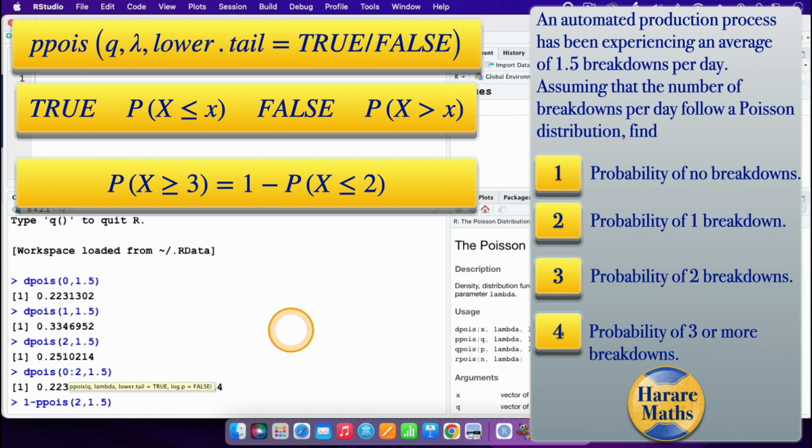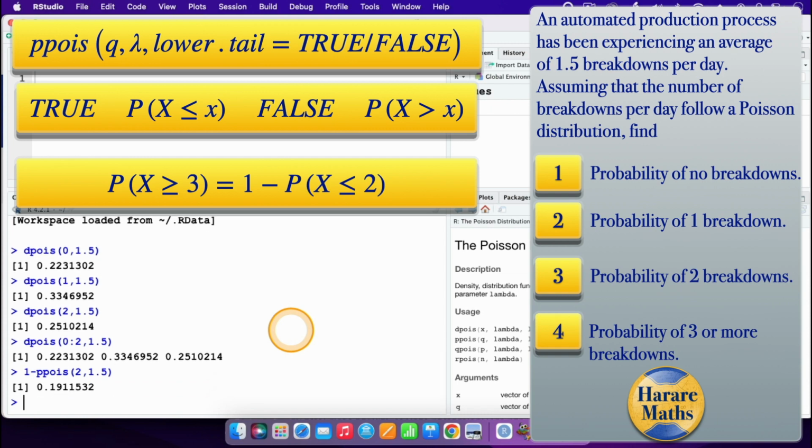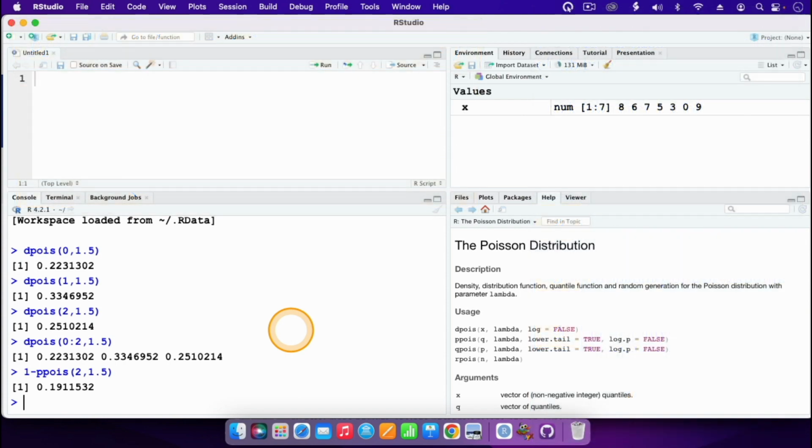So in this case, we leave it like that, and it will assume that lower tail is true. Then it will calculate probability x less than or equal to 2. So it will subtract that from 1, and we'll get that probability there is 0.1911532. So what we are having there is the probability of 3 or more breakdowns is 0.191153.